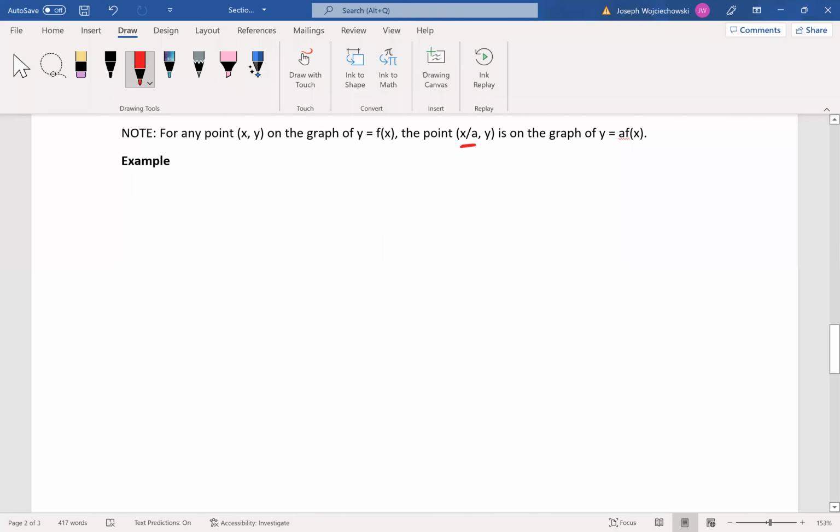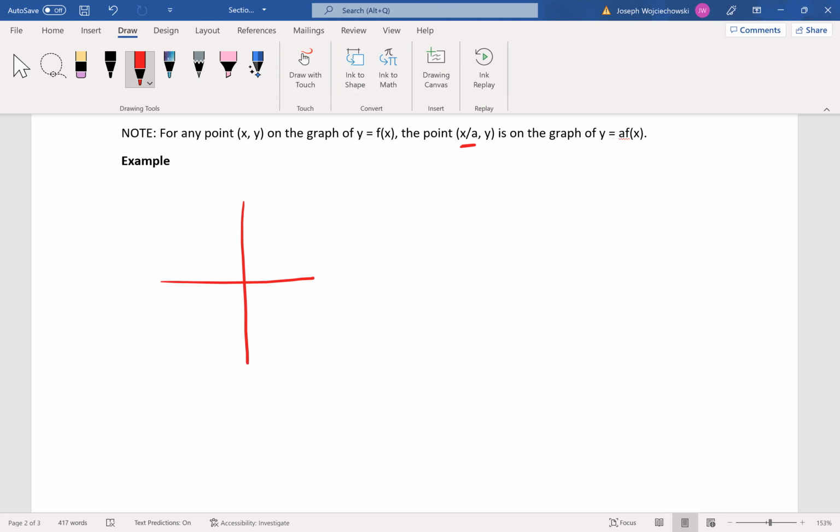So let's see if we have some examples of this. They give us a graph, and we have 3 points on it.